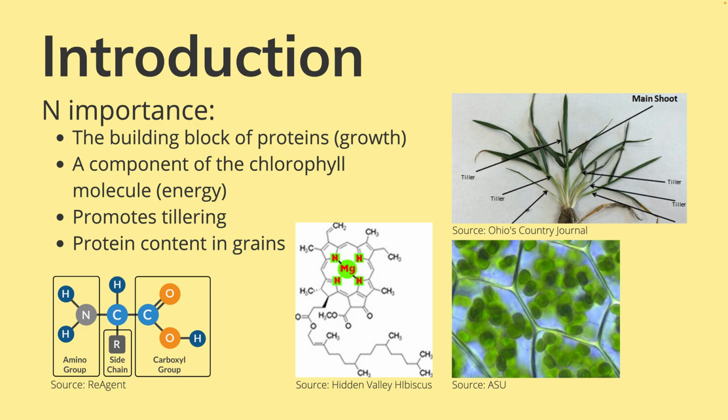Here you can also see an image of the chlorophyll molecule and the chlorophyll under the microscope, and you can see that there are four nitrogen atoms around the magnesium. So each chlorophyll has nitrogen, and that's another importance of nitrogen.